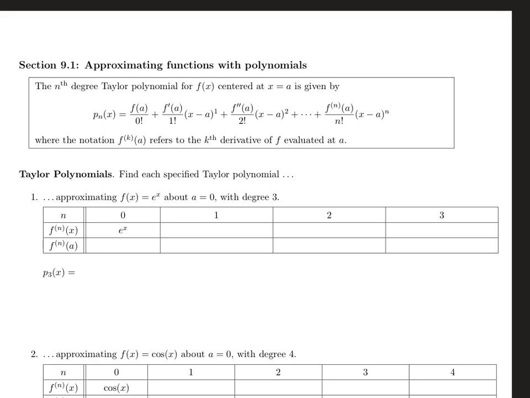Anytime we build one of these polynomials, it's going to have a center, a number that we give it where the approximation is going to be centered, and everything we build is based on that. I'll do a couple of examples, but the main thing you'll want to make sure you understand is the notation. When we write this superscript in parentheses, we're talking about taking the nth derivative.